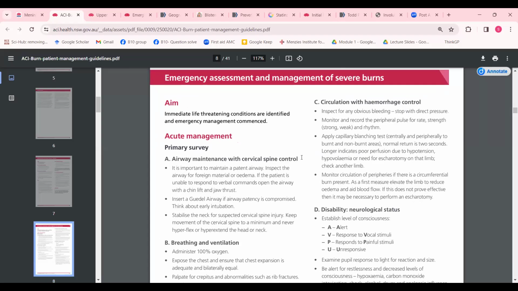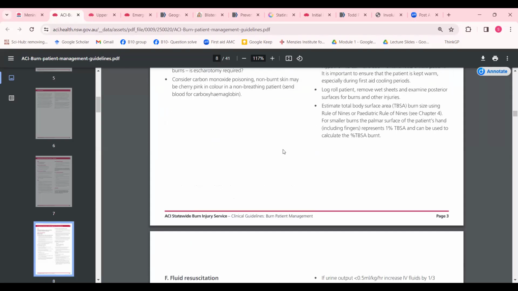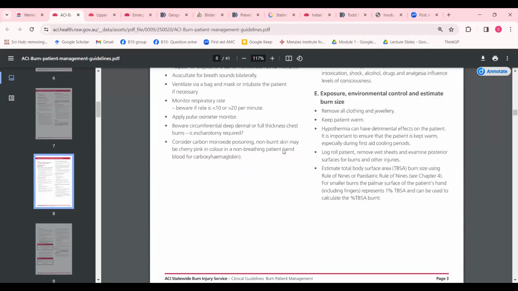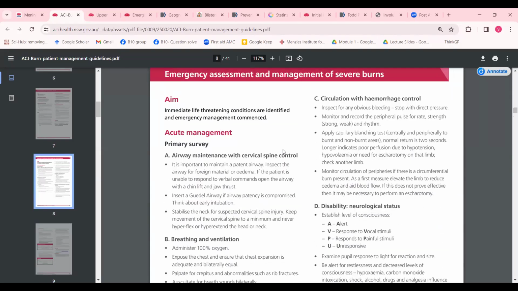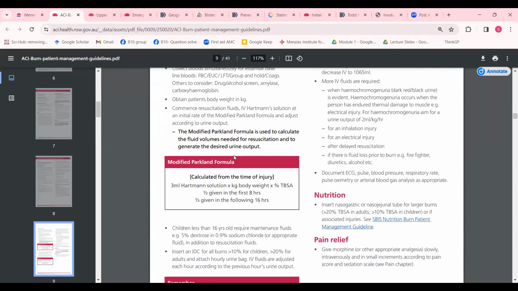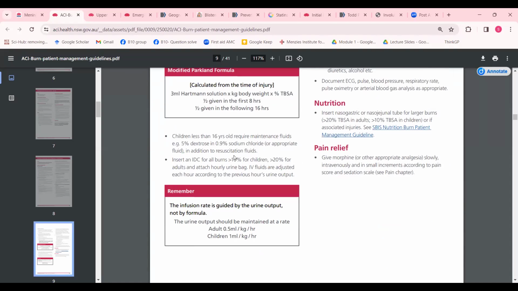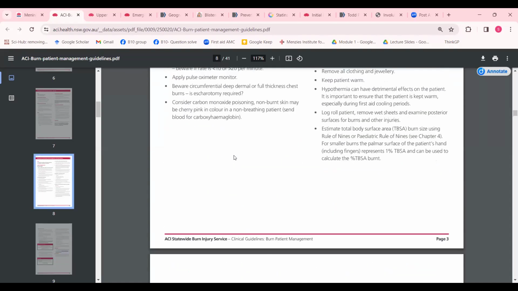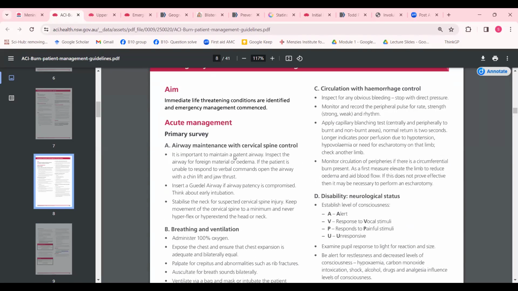Now, when you have a patient with burns, in an emergency our management will usually go by the ABCDE protocol. For burns, you have an additional one, F, so ABCDEF is the way you are going to approach. These 2 pages, pages 3 and 4, I would highly suggest you all read because they give almost everything necessary for burn management.